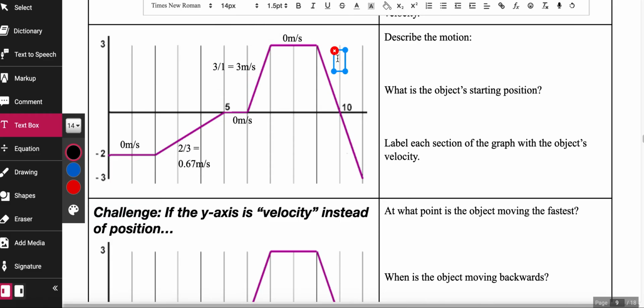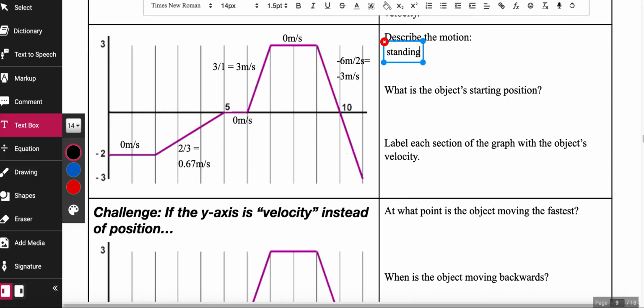For this next sloped line, I go from positive 3 to negative 3. So I have a rise of negative 6 meters. And I have a run of 2 seconds. So I end up with negative 3 meters per second.